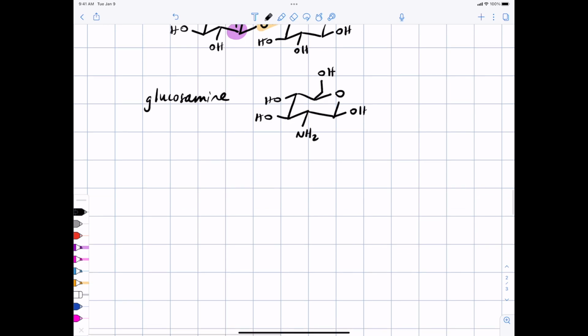In particular, if you put an acetyl group on that nitrogen, you have something that's called N-acetylglucosamine. And this is an important carbohydrate in glycoproteins in biology.